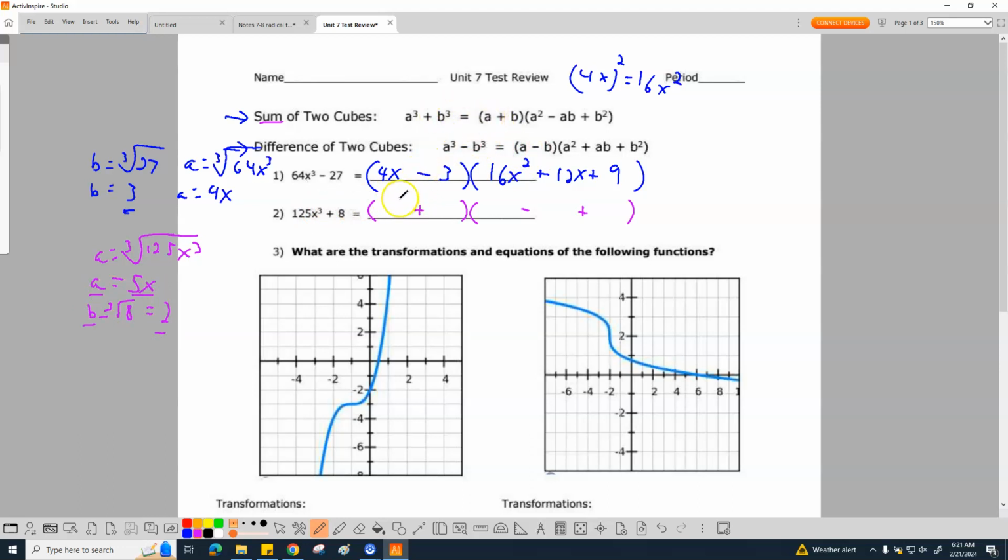A is 5x, B is 2. A squared is 25x squared. That's 5 squared, 25x squared. A times B: A is 5x, B is 2, so that's 10x. And then B squared is 4. So there you go. That's how you do those first two problems.